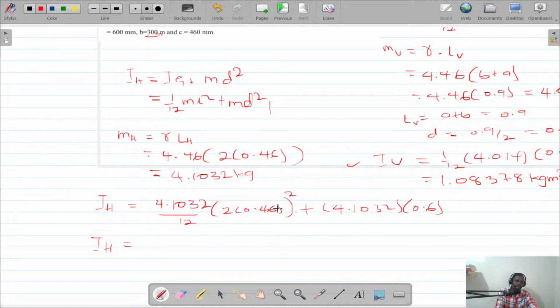All right, so I'm getting 2.751 kilogram meter squared.